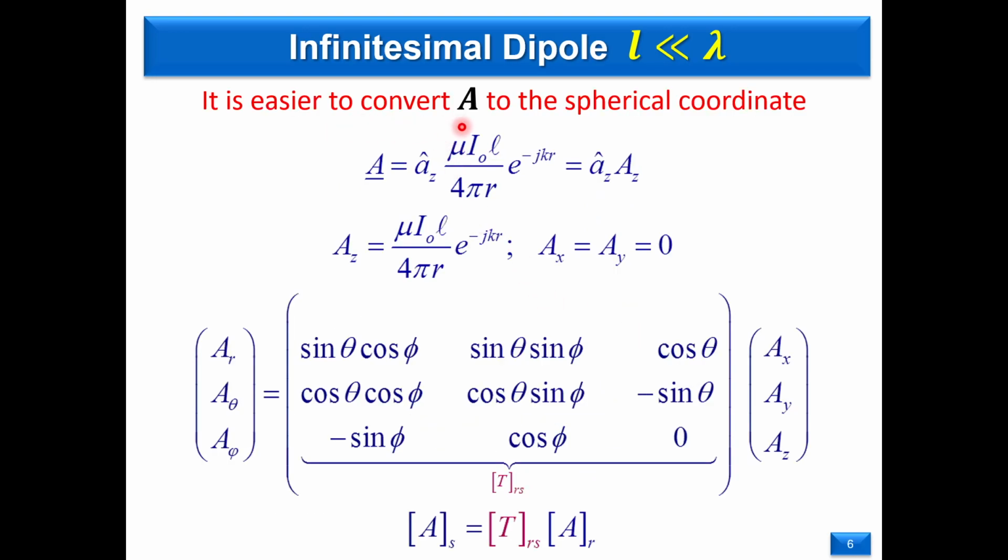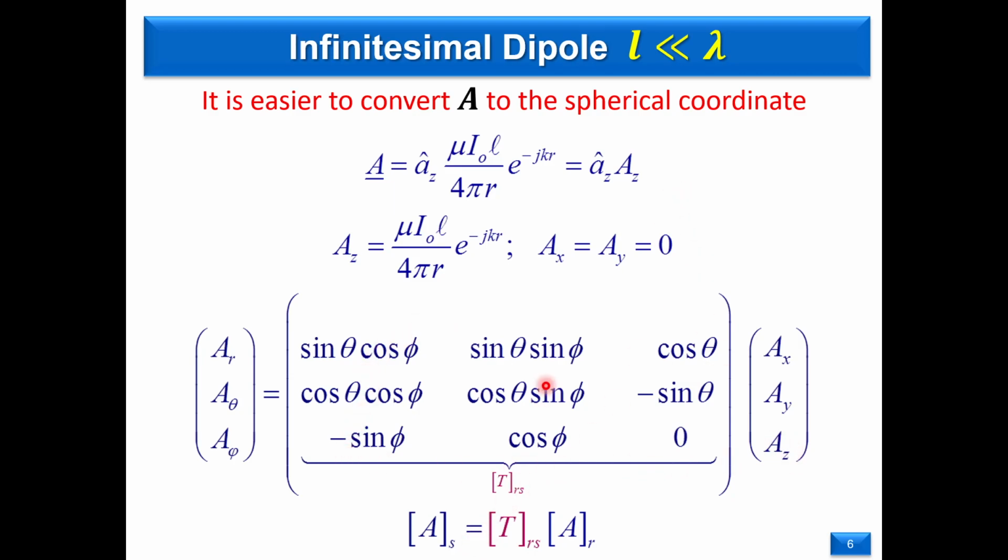The radiated field is always best reported and expressed in the spherical coordinate system. So in this case, we need to transform A into the spherical coordinate system to continue our analysis. We're doing the transformation from Cartesian to spherical.